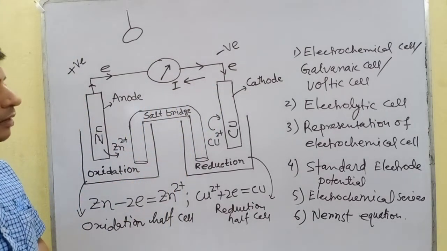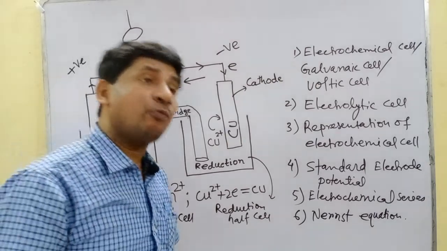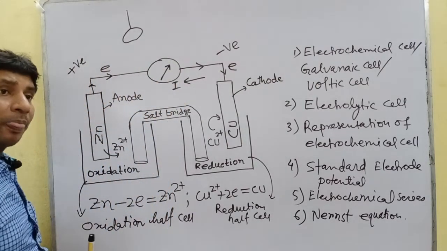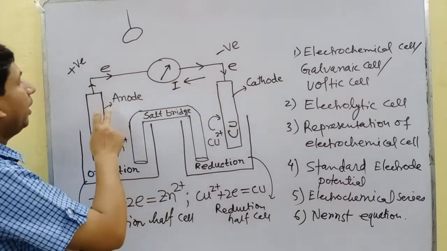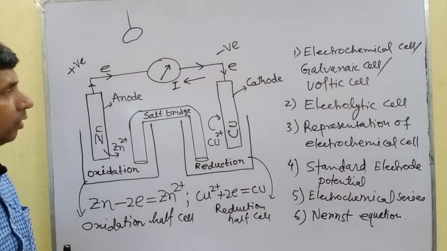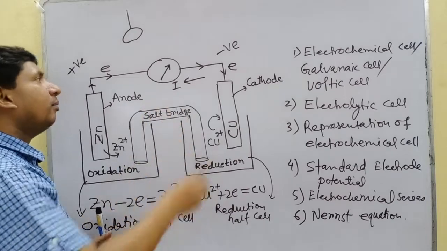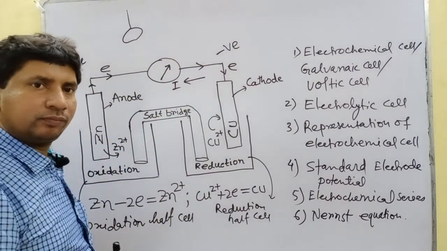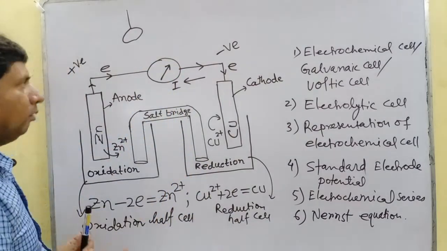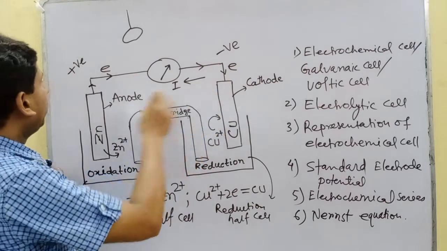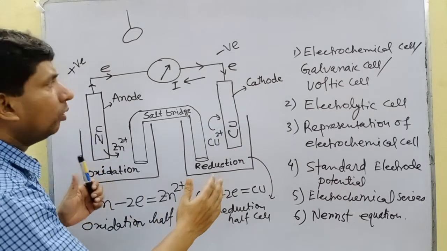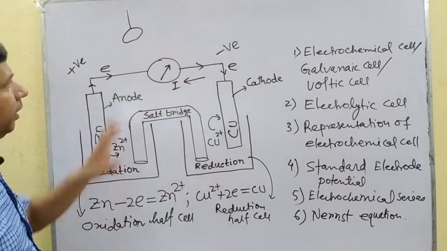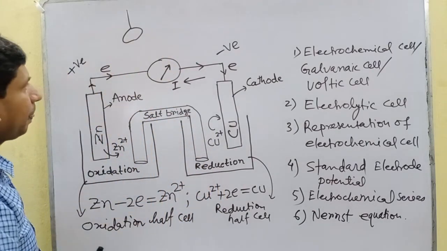What is the potential difference, or EMF, electromotive force, is the potential difference in between cathode and anode, which we can measure by a galvanometer. Clear? ক্যাথোড অ্যান্ড অ্যানোডের মধ্যে যে পোটেনশিয়াল বা বিভব পার্থক্য we can measure by a galvanometer.